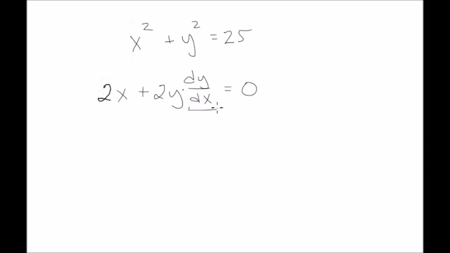I can now solve this for dy dx algebraically. I subtract the negative 2x from both sides and divide both sides by 2y, and I get that dy dx is equal to negative x over y.